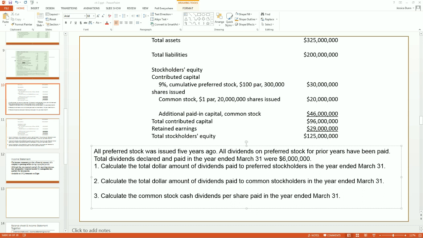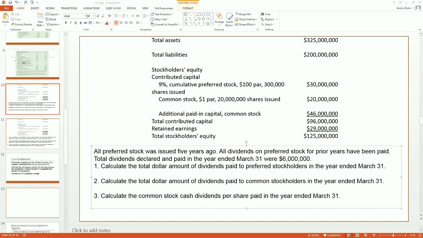So the dividends payable to preferred stockholders are often cumulative. That means that if a company were to not pay their promised dividends to preferred stockholders this year, they would have to make that up next year, and they could not pay common stockholders anything until the preferred stock dividend had been paid.